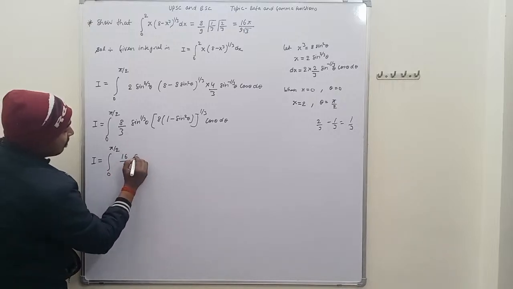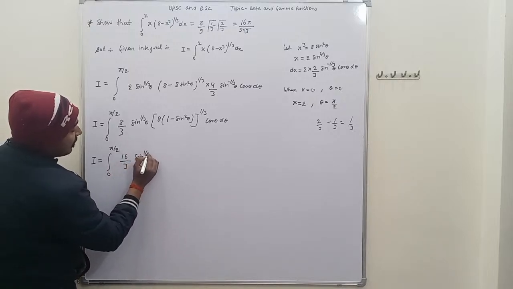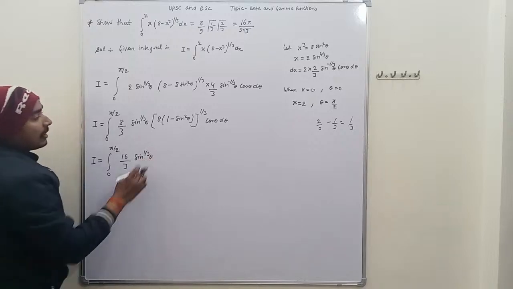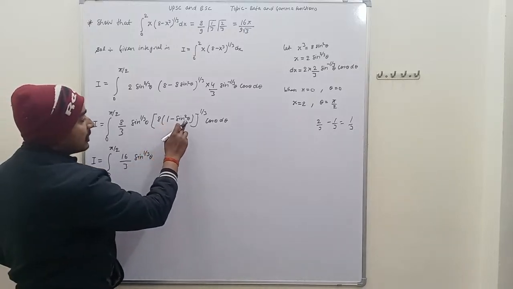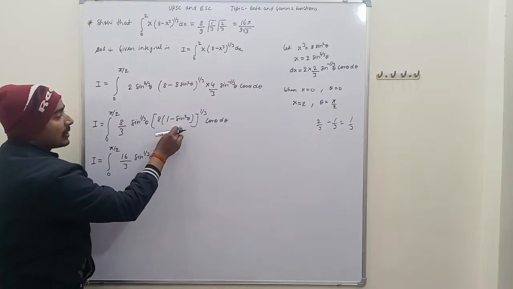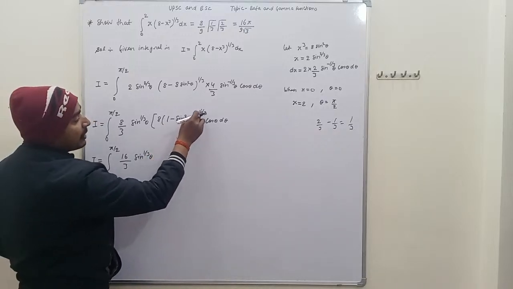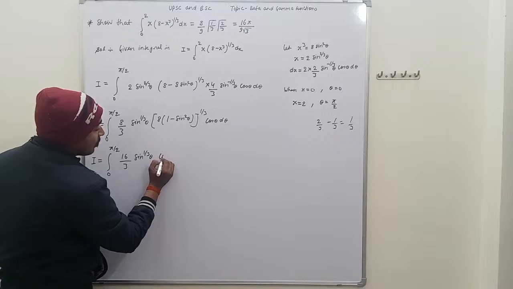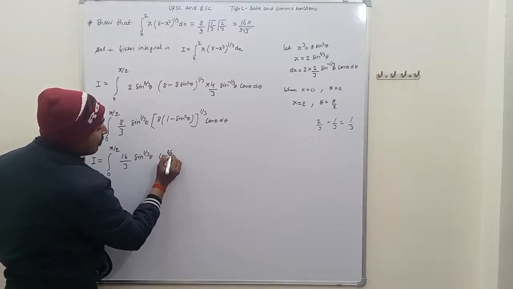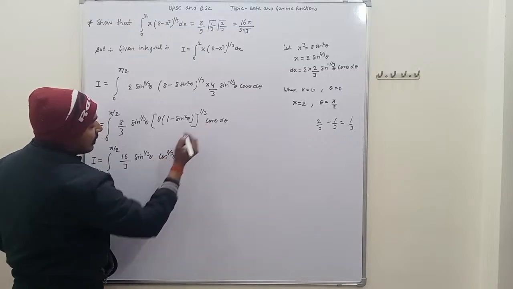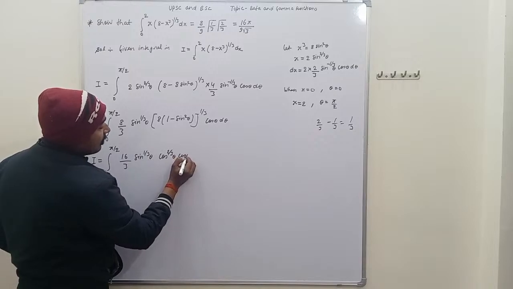and this is sin to the power 1 by 3 theta, and from here 1 minus sin square theta is cos square theta, and cos square theta to the power 1 by 3 is cos to the power 2 by 3 of theta, and cos theta is already present here.